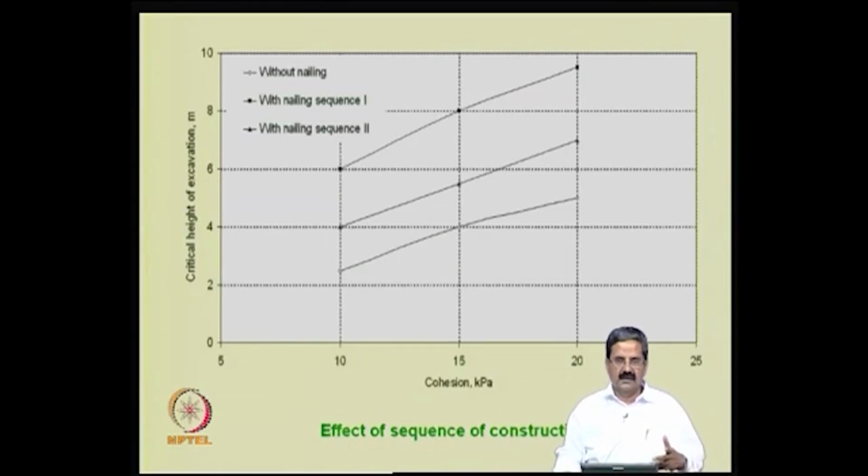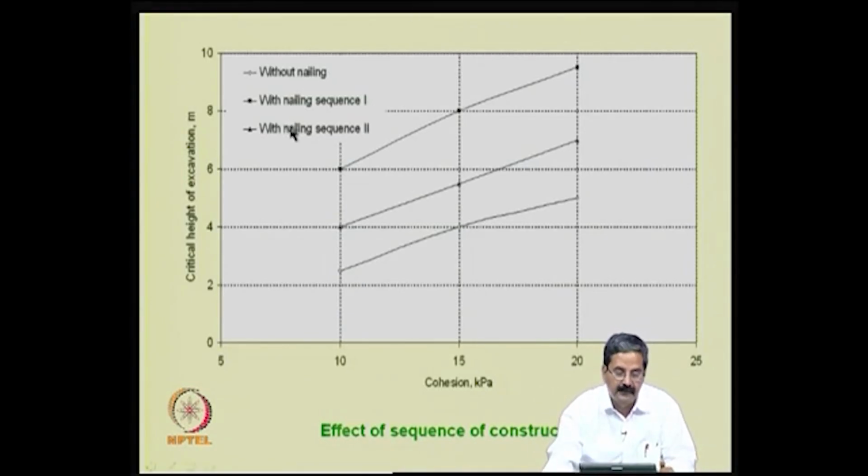So, which is better? Actually in the first case, where you are excavating 1.5 meters and then nailing, there will already be some deformation that gets stabilized. So, putting nails later will not be that effective, at least in terms of the deformation. So, we did some analysis based on that.